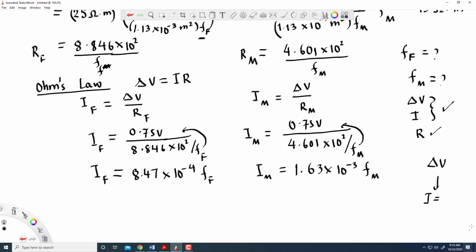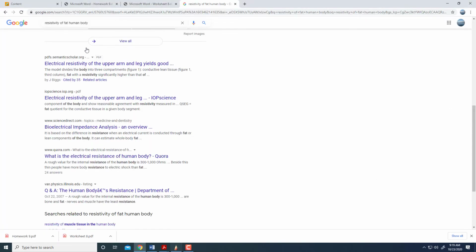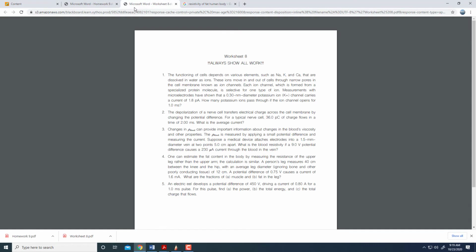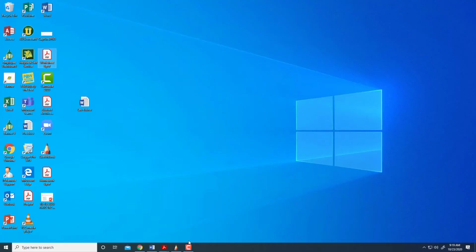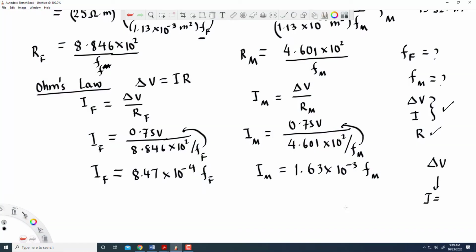So you are getting total current of 1.6 milliamperes. Okay, so 1.6 milliamperes is the total current that passes through both fat and muscle. That means our total current is I, and part of that flows through fat and part flows to the muscle. So it's the total current is the sum of current flowing through fat and current flowing through muscle.